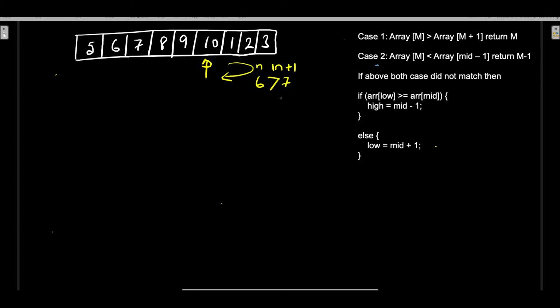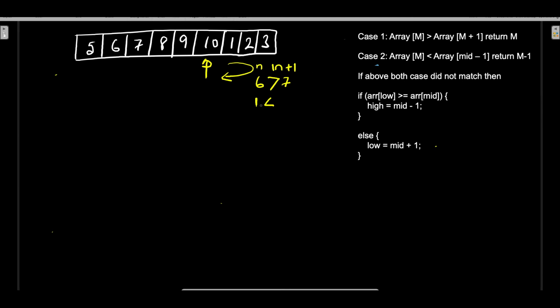The other condition is, let's say you are on this 1, and your middle is 1. In some cases you are at the 1, so there could be a condition where your middle is lower than the previous one.